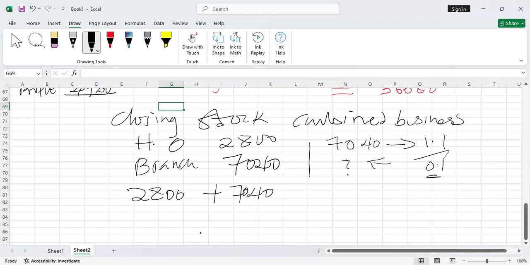The 10% equals what? So we'll have to less that unrealized profit. What are we getting, people? 640. So we are going to less 640 here.